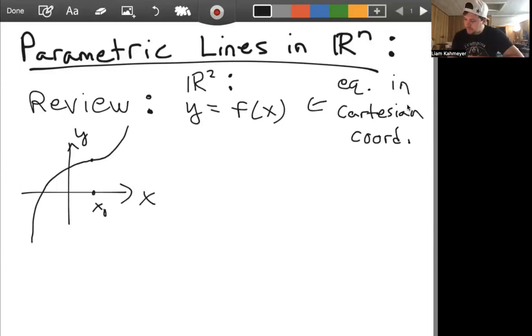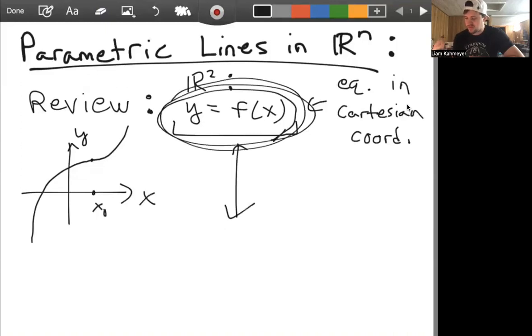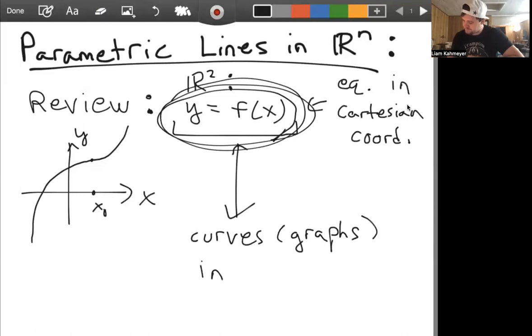And so we know that the geometric interpretation of an equality like this algebraic expression, y equals f of x, is in one-to-one correspondence with curves or graphs in R2.